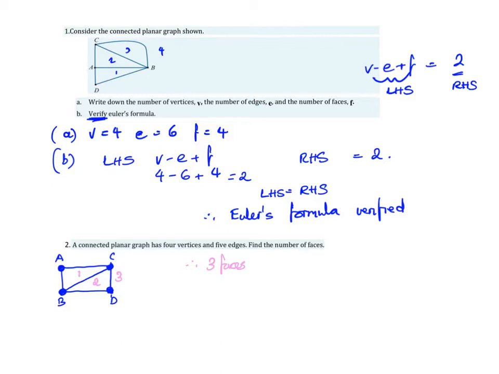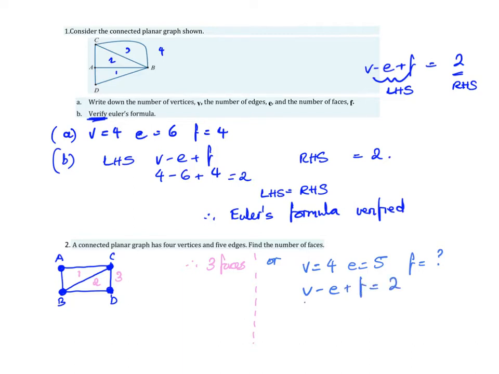What other way could I have done that? Well, let's use Euler's formula. So what do we know here? We know that V, the amount of vertices, is 4. We know that the amount of edges is equal to 5. And we know that we are looking for the amount of faces. So the rule was V minus E plus F is equal to 2.